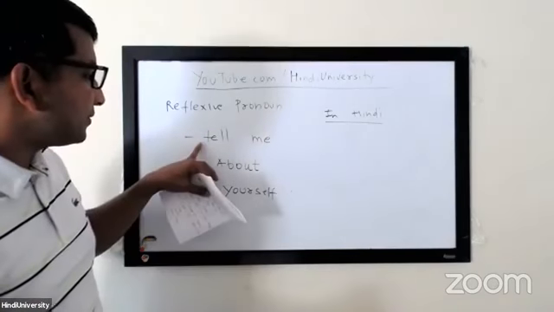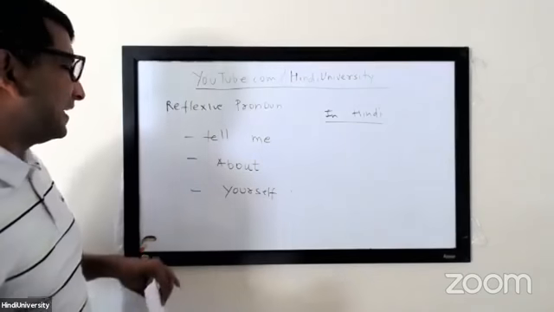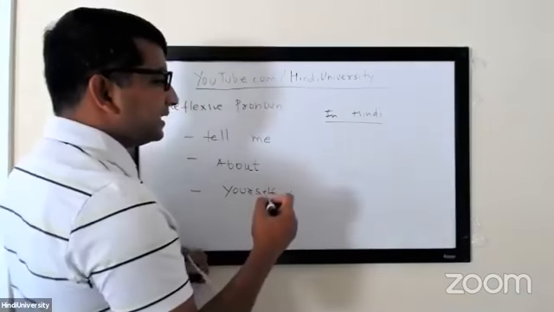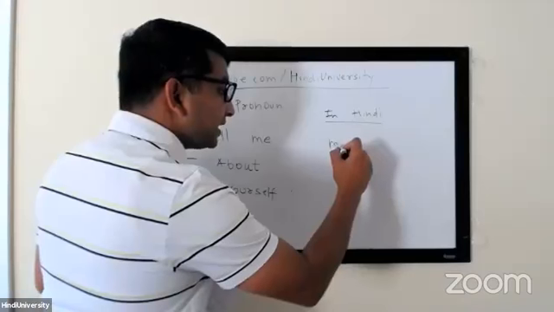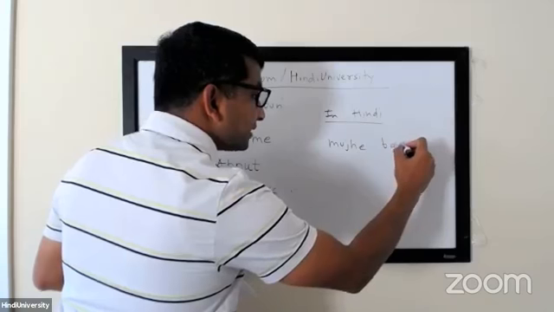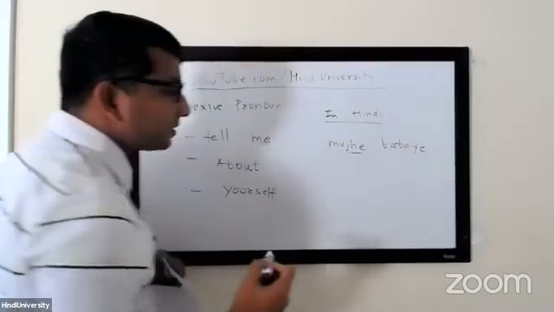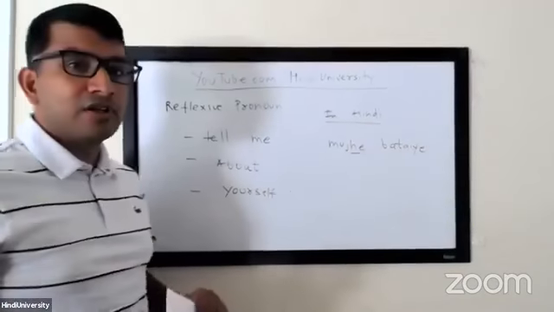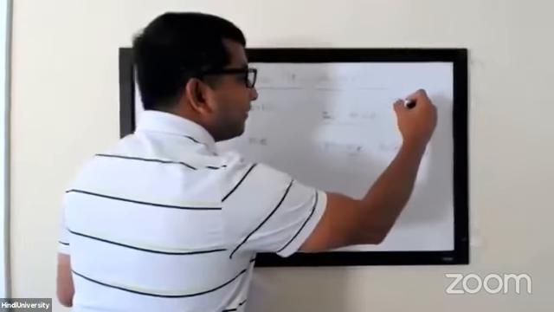Okay. Let's see. Rita ji, you want to tell me? How do you say tell me in Hindi? मुझे बताओ or मुझे बताइए. Either way is fine, right? It's an imperative sentence. मुझे बताइए. And why did you say मुझे? Because it's to me.